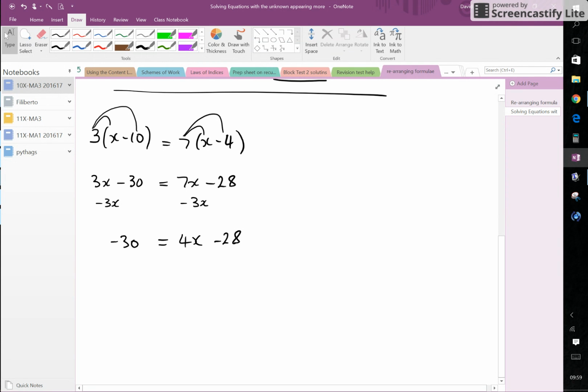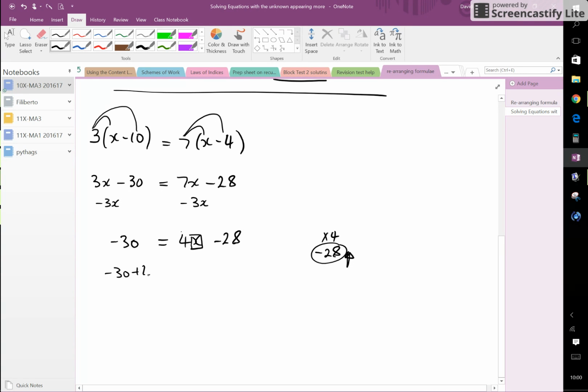And now we want to get a way of solving this. Remember, we've only got a single x now, so we can use this method of construction. Start with the x and construct: start off by multiplying by 4, and then subtract 28, and then we go through backwards. So we're going to add 28 to both sides first of all.